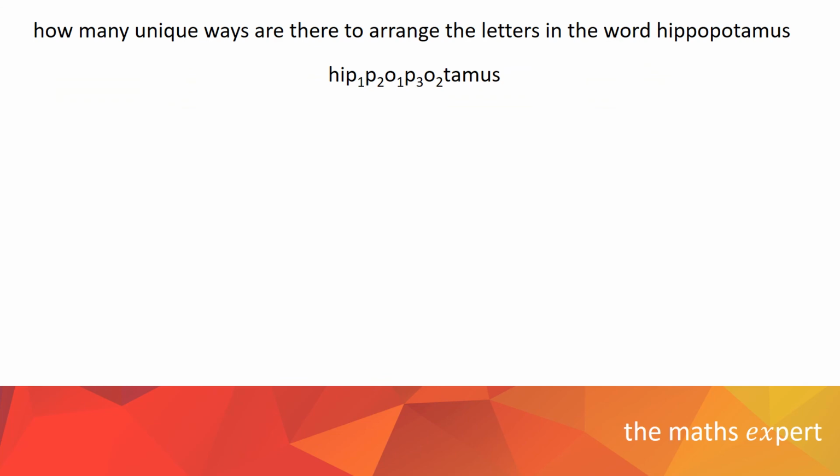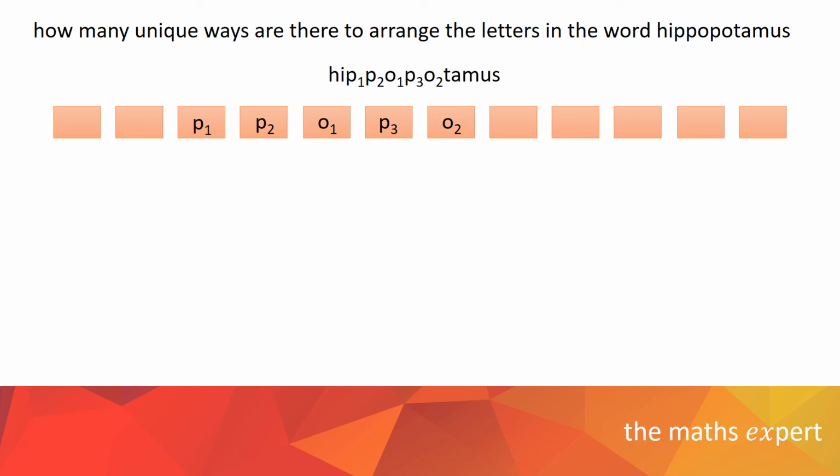Finally, what about if there is more than one repeating letter? Again, we should think about how many ways we can arrange the 3 P's and the 2 O's to get the same permutation. This is similar to arranging the boys and girls in a line, as I can fix the 2 O's and then arrange the 3 P's in 3 factorial different ways around them.